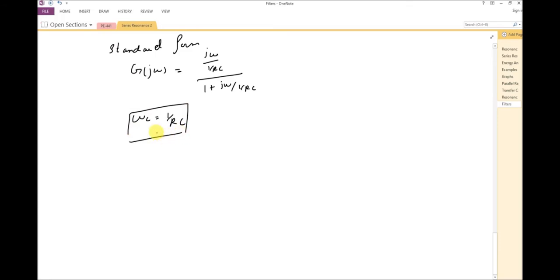That is similar to the low pass filter, in which we found omega C is equal to 1 by RC, and in the standard form it is actually j omega over omega C. So this is your cutoff frequency. In the denominator we have 1 over RC, so the cutoff frequency is actually equal to 1 over RC.